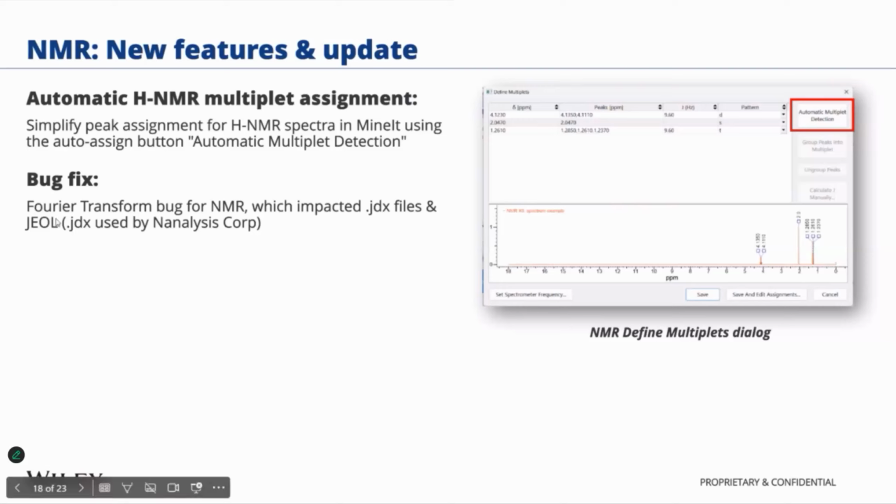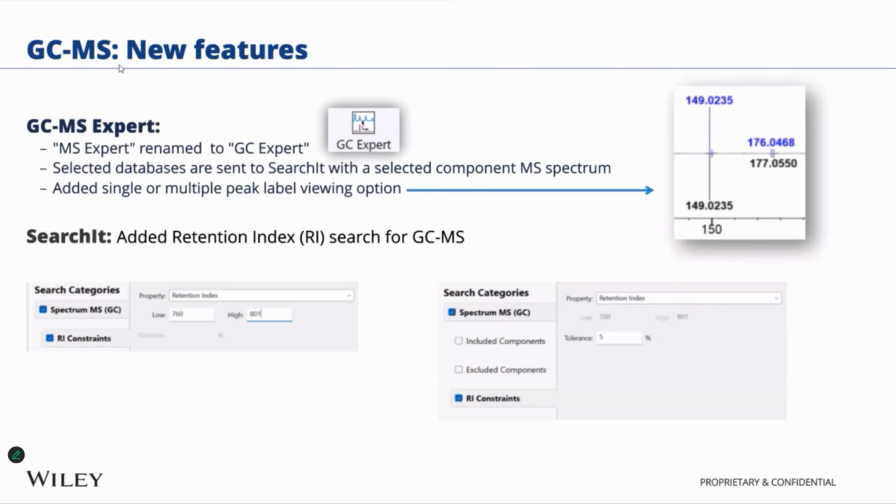Okay, we fixed a bug when we read in JEOL spectrum files. For the GC-MS, we renamed MS export to GC export. That's the first thing. Second, when you transfer a spectrum to be searched in Search It, the databases you set GC-MS to use are carried over, so you don't have to reset there.